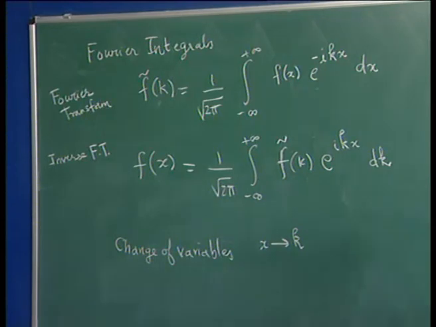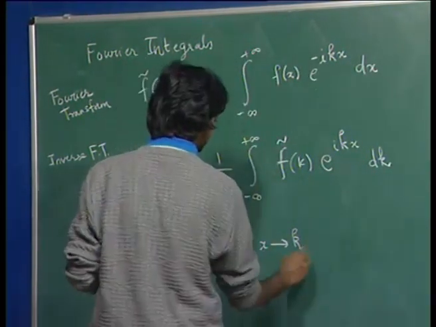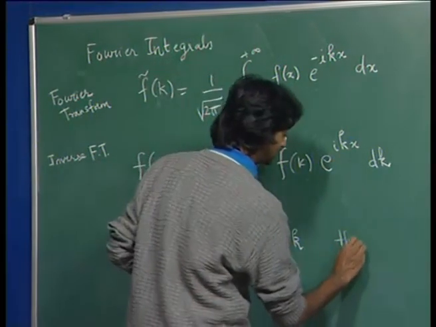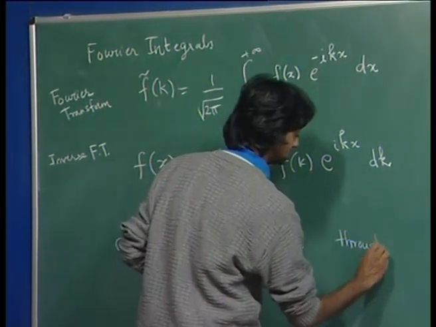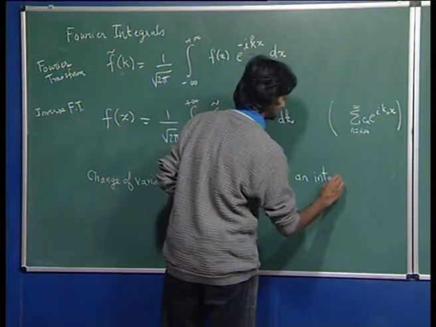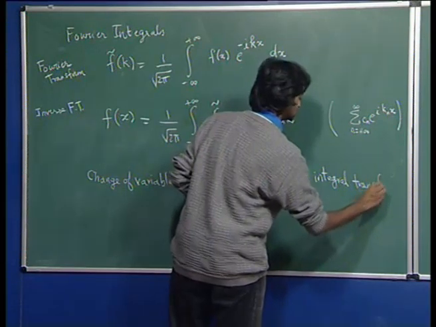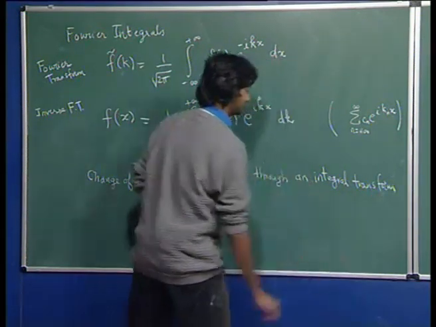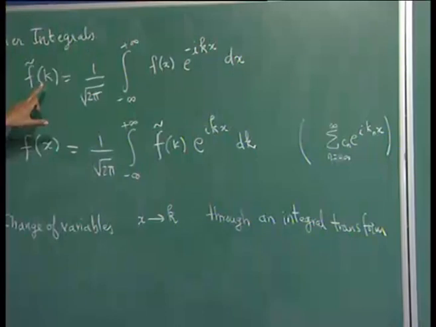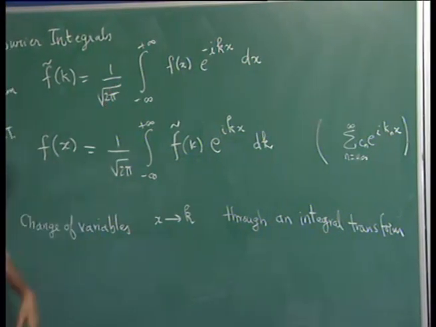It's a change of variables from x to k through something called an integral transform. So f tilde of k is related to f of x through an integral.